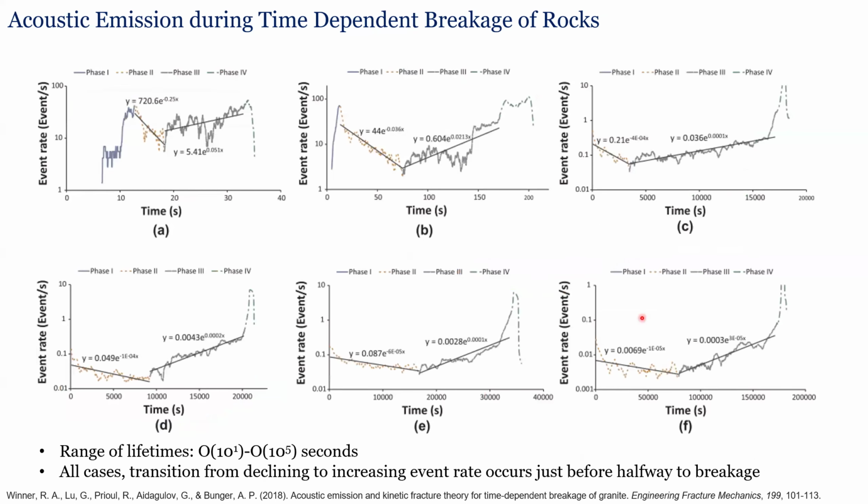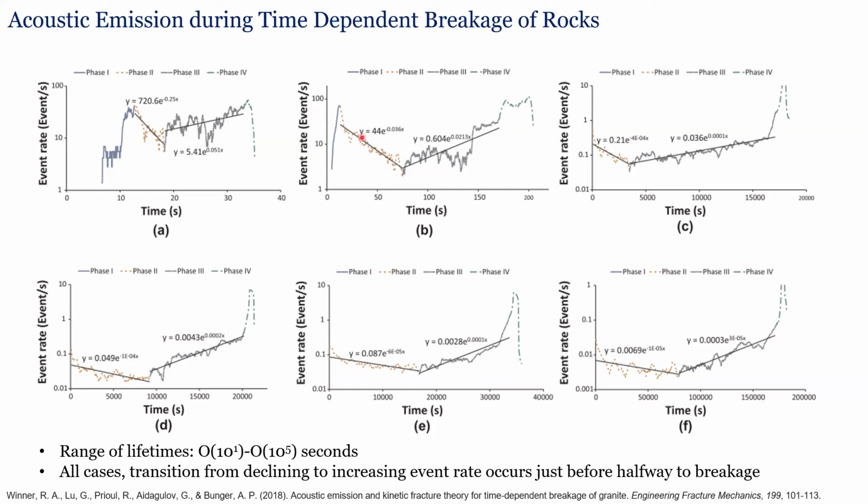Now, this actually occurs over a wide variety of time scales. So if we look here at time scales varying from tens of seconds, hundreds of seconds, getting up into the 10 to the fourth, 10 to the fifth seconds, this particular test ran for almost 200,000 seconds. So we're talking like 2.5 days. If you step back from it, the shape is basically the same.